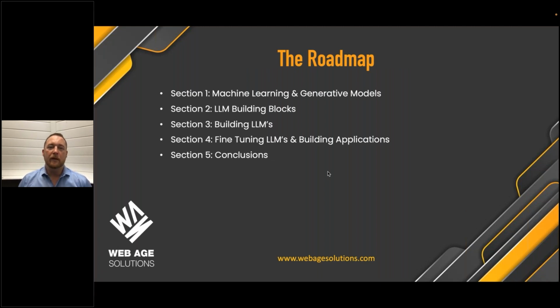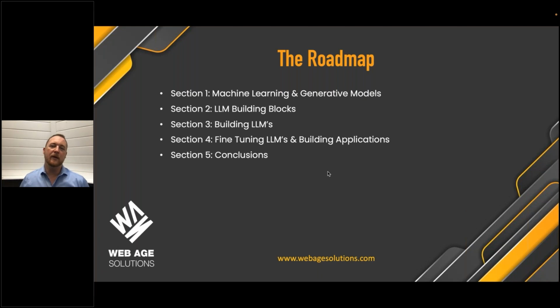So first, we'll talk a little bit about machine learning basics and generative models to set the stage of what we're talking about. Those of you that are already data scientists or machine learning engineers, that first section will touch on a couple of interesting points. So it'll be a little bit of a review for you guys, but get everybody else up to speed.